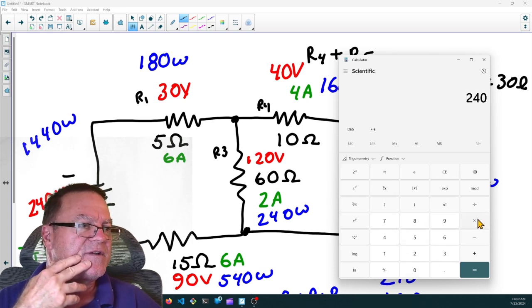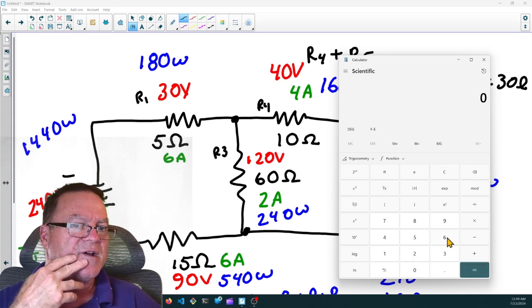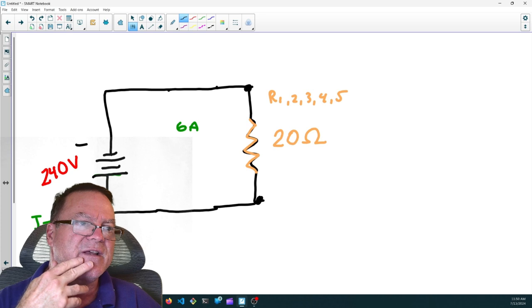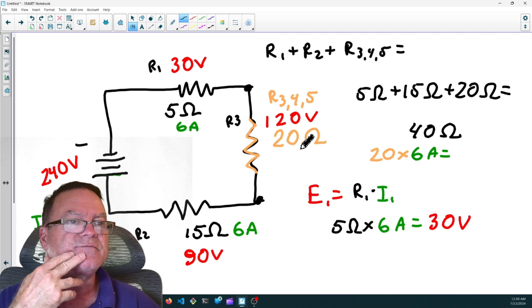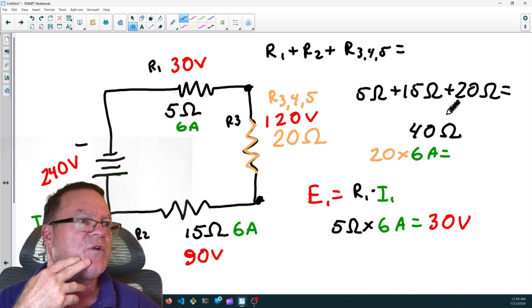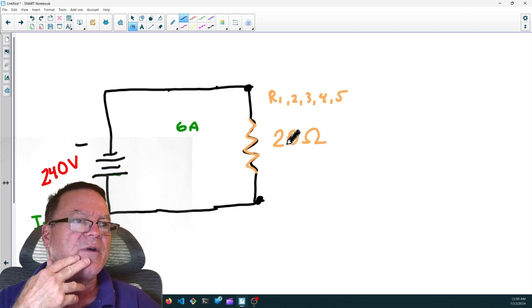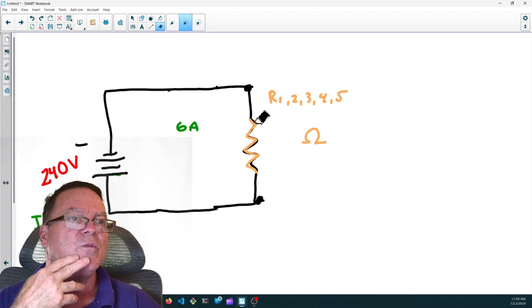240 times 6 is 1440. And 6 squared is 36 times 20. Now, it must be 40. I wrote it down wrong, didn't I? What did I do over here? Oh, I'm sorry. I didn't put down my 5 and my 15. We've got a total of 40. That's what I did wrong. I didn't go to that final step and make this 40 ohms.